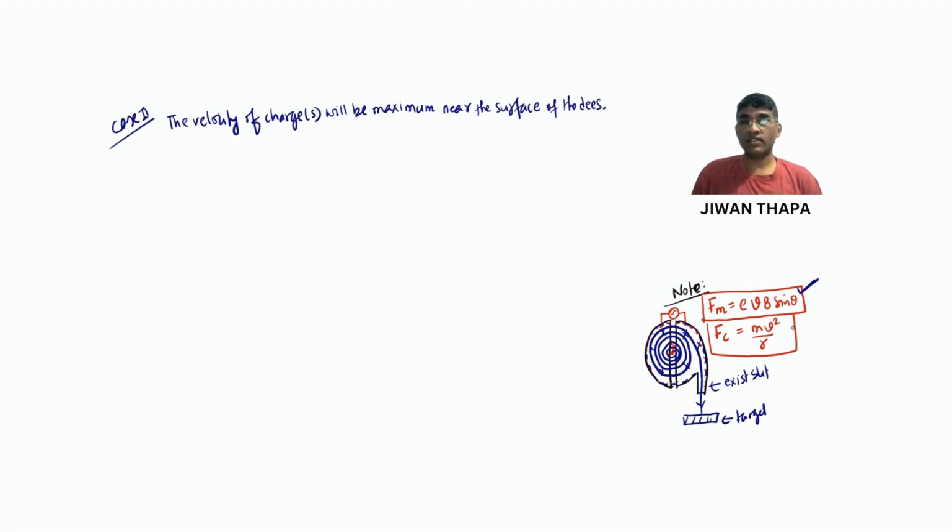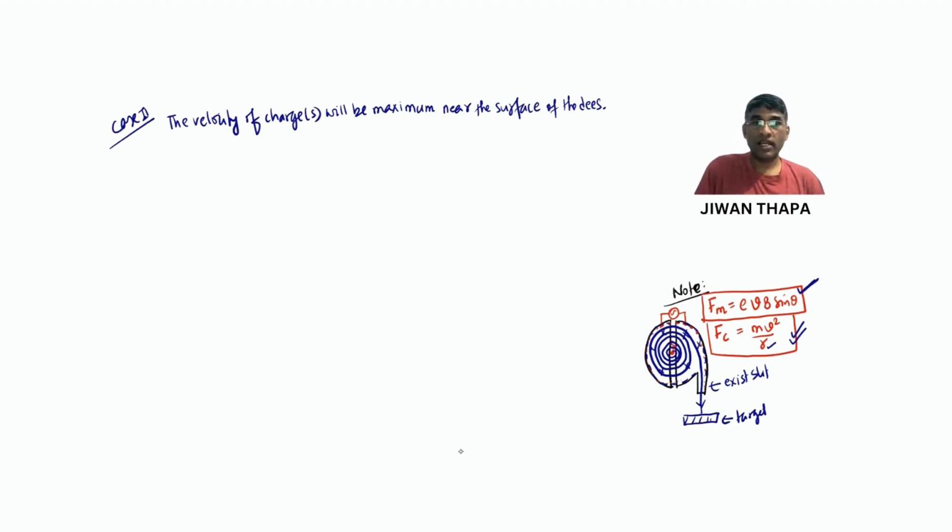And since the charges are moving in a circular path, the centripetal force equals mv² by r, where r is the radius of the largest circular path, and this r is approximately equal to the radius of the dees.